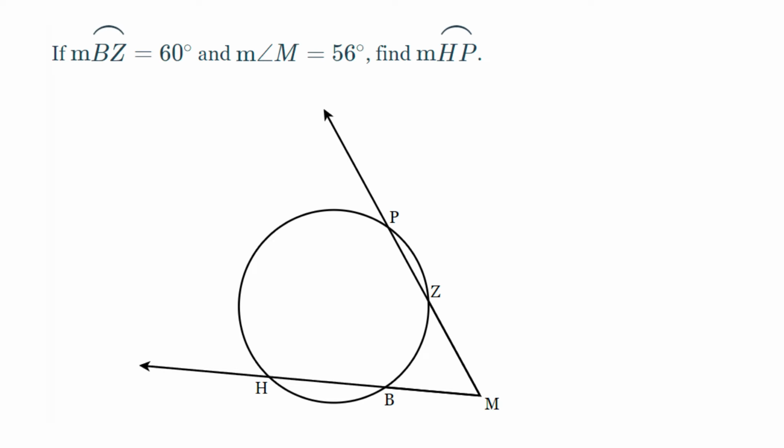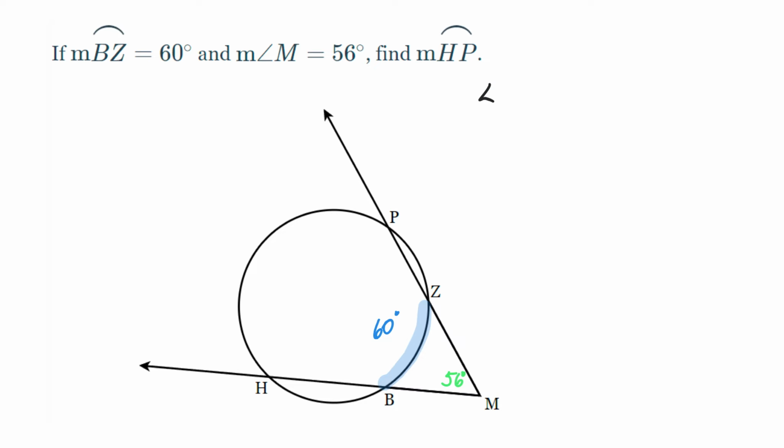It's very important we get familiar with our formulas, but it's also important that you pay attention to what we're being given. In this one, we have the same figure as last time, but in this case, we're given that the angle on the outside of the figure is 56 degrees, and we're told that BZ, the smaller of the two arcs, is 60 degrees. We still use the same formula.